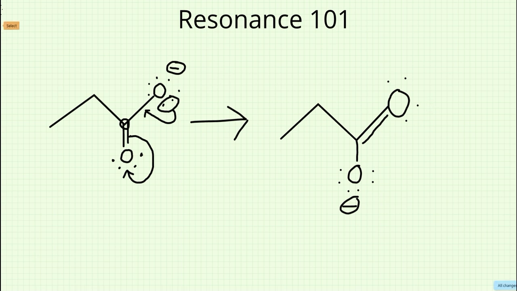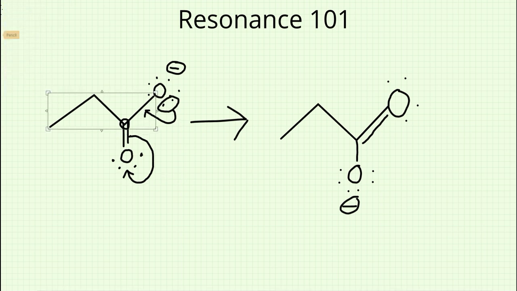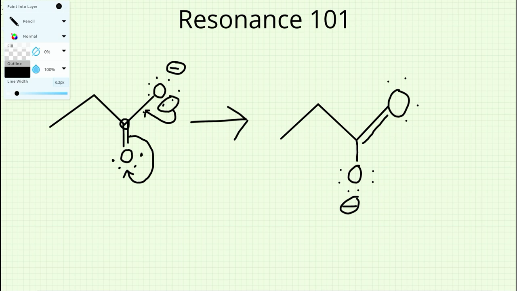So essentially, the charge has just shifted from one oxygen to the next. And in order to facilitate that, the lone pair had to shift from this oxygen to add to the covalent bond to make it a pi bond.